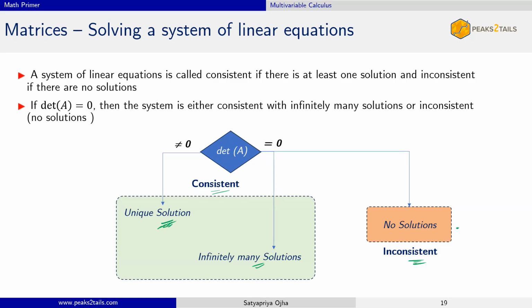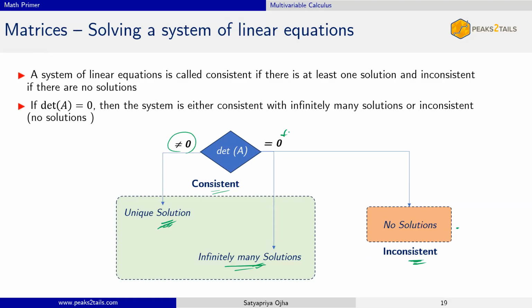You will have a unique solution if the determinant is non-zero. That is just what we saw, right? If determinant is non-zero, the matrix inverse exists and you multiply, you get one answer. There is no other ambiguity. In both other cases, infinitely many solutions and no solution, the determinant of A would be 0.